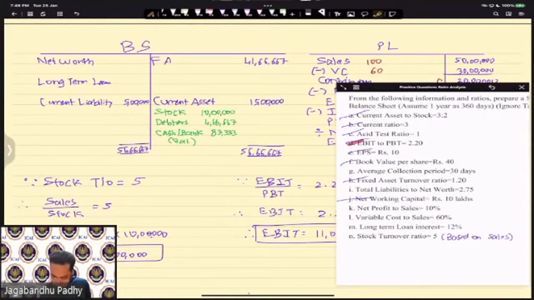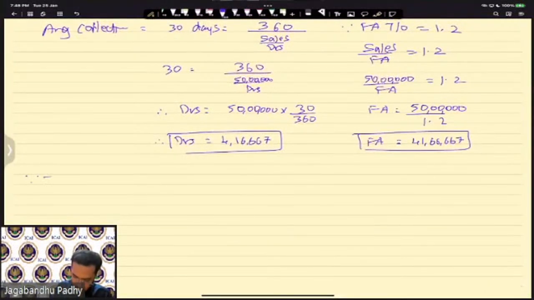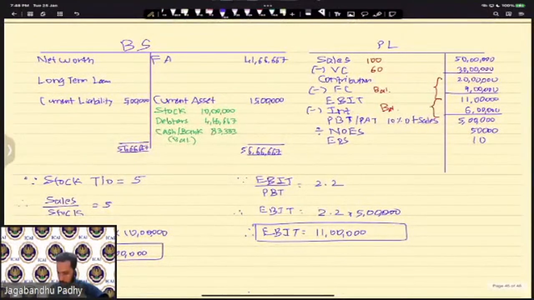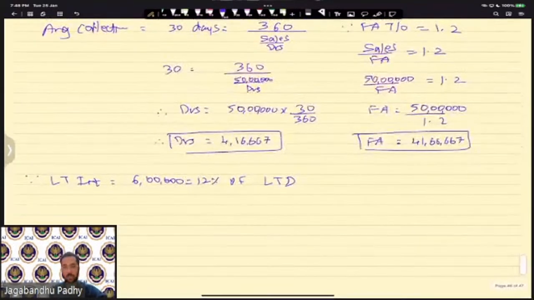The next thing will be about the long-term interest rate of 12%. Since long-term interest is 12%, interest is basically 6 lakh, which should be 12% of long-term debt.